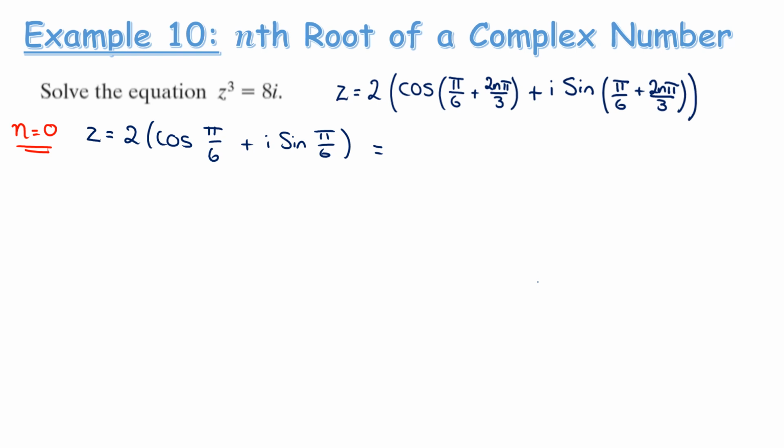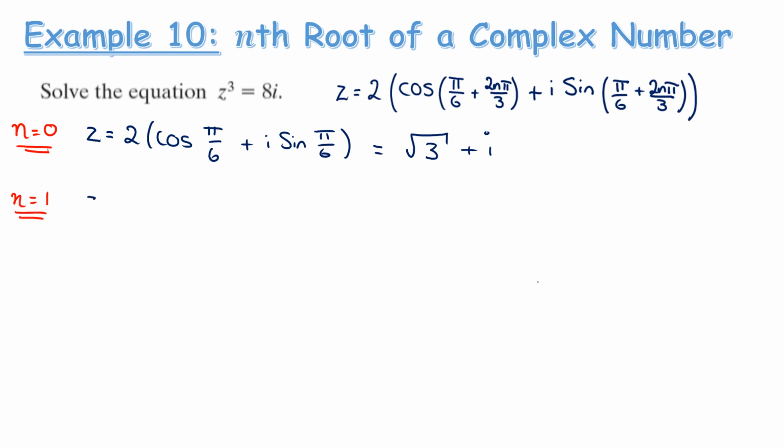So if we convert that back into rectangular form, we get root 3 plus i. That's by putting 2 cos of pi over 6 into your calculator, you get root 3, and 2 sine of pi over 6 into your calculator, and you get 1. You can also use page 13 to help you do that. If you're using your calculator, just make sure it's in radian mode.